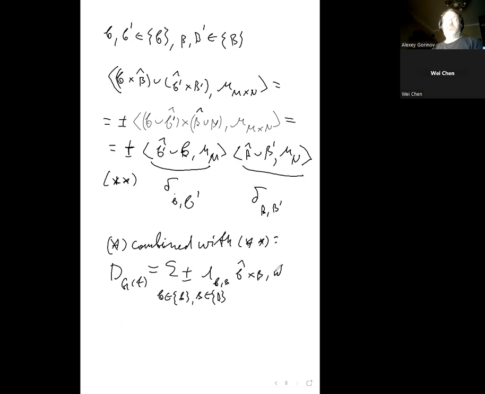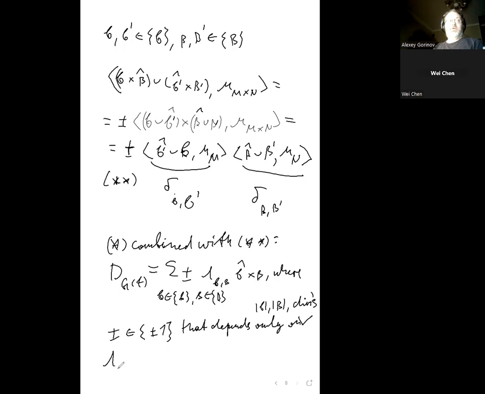Where plus minus is a sign. It depends only on the degree of beta, degree of B, and the dimensions of the manifolds.